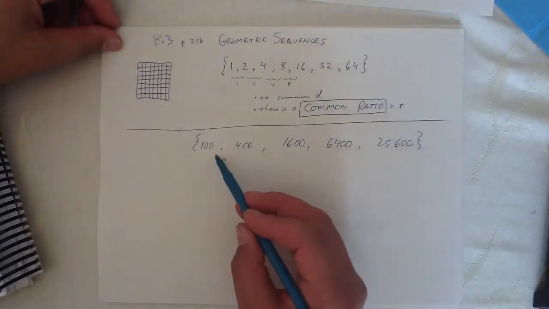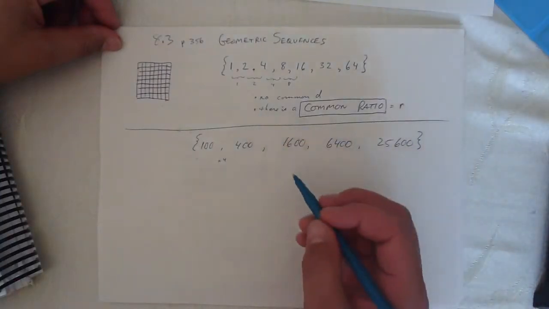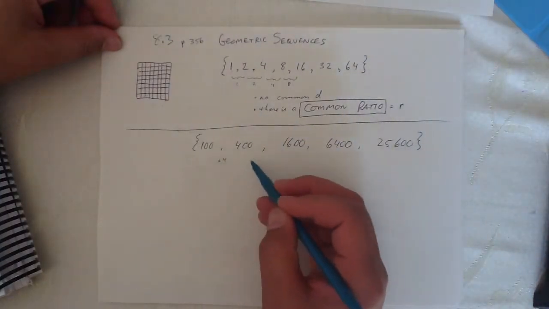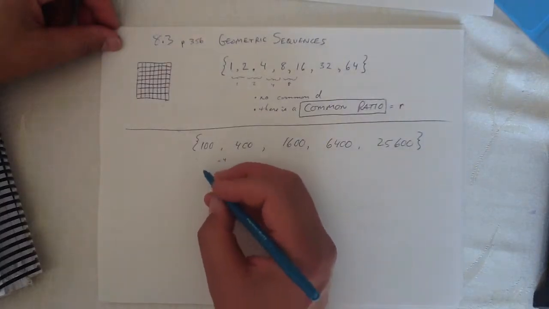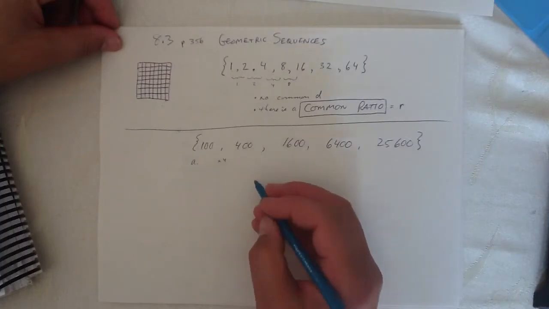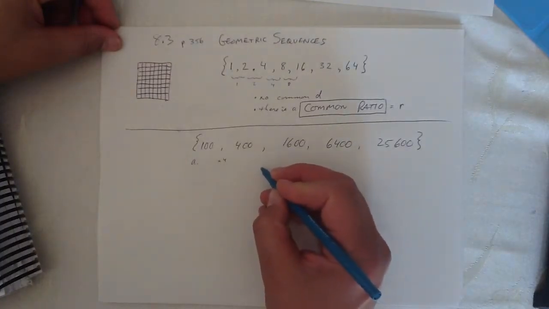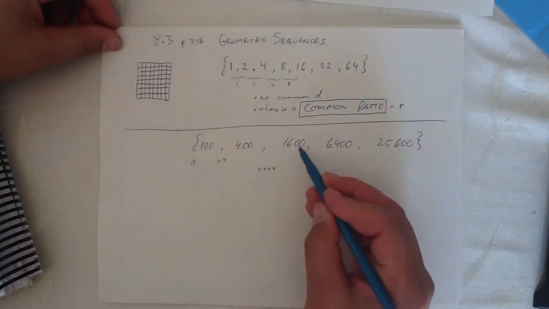And the reason for that is we often know what A1 is, and we want to find out what A16 is. Well, if we know what A1 is, and if we can figure out what R is, maybe we can calculate A16. So this was A1 times 4 gave us A2. A1 times 4 gives us A3.